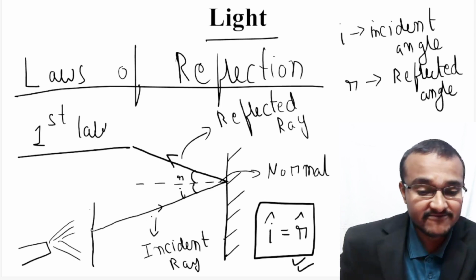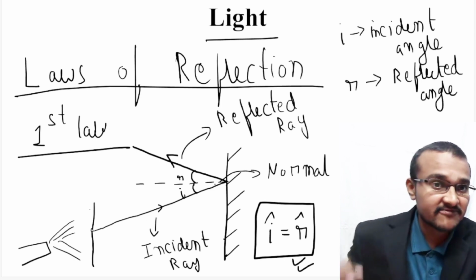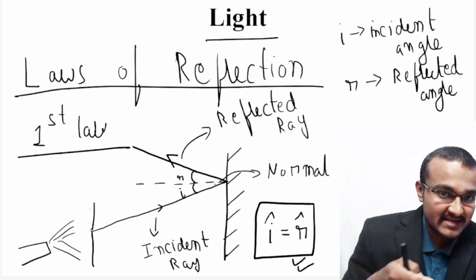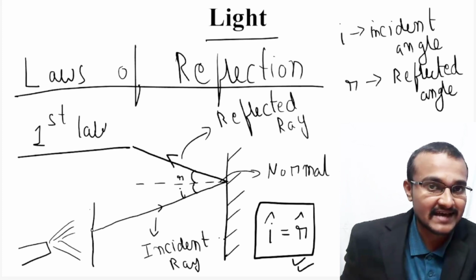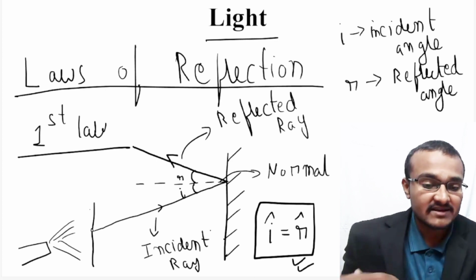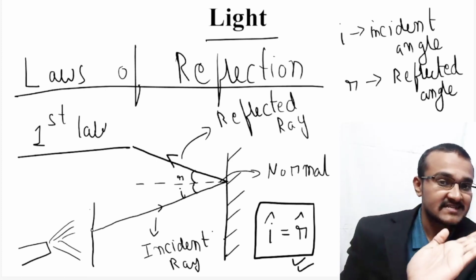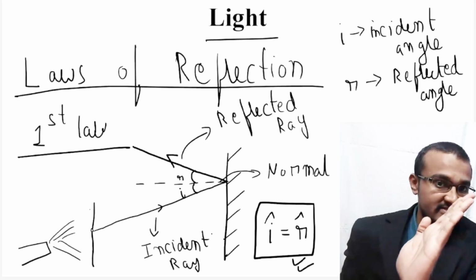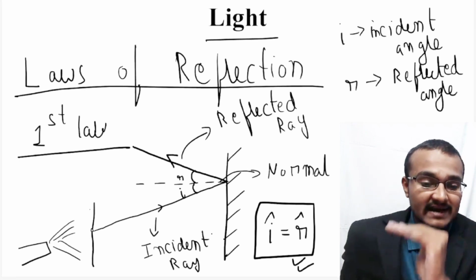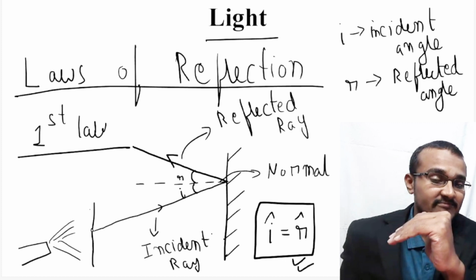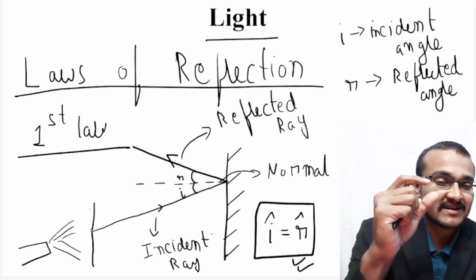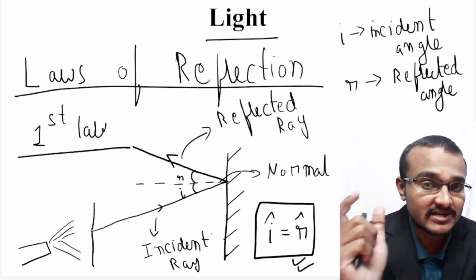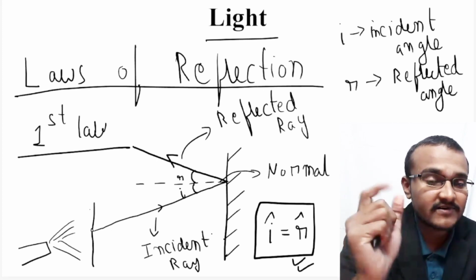Whenever an incident ray falls on an object that is plane, like this mirror, which should be straight with no irregularity on its surface, the reflected ray creates an angle with the normal and the incident ray creates an angle with the normal. Those two angles will be equal. That is, the incident angle and the reflected angle with respect to the normal will be equal. This is the first law of reflection.